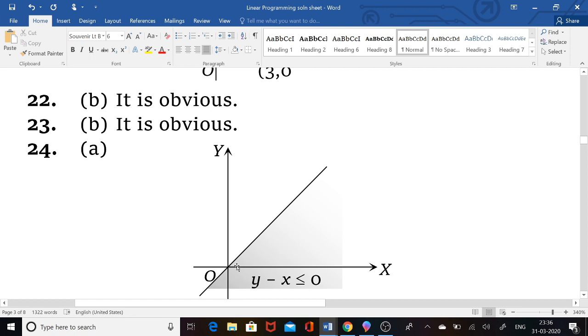If you put x and y as 0, 0, then 0 is less than or equal to 0, so the region falls away from the origin. That's why for the 24th, the half plane contains the positive x-axis, this side where my cursor is going. That's why option A has to be correct for the 24th.